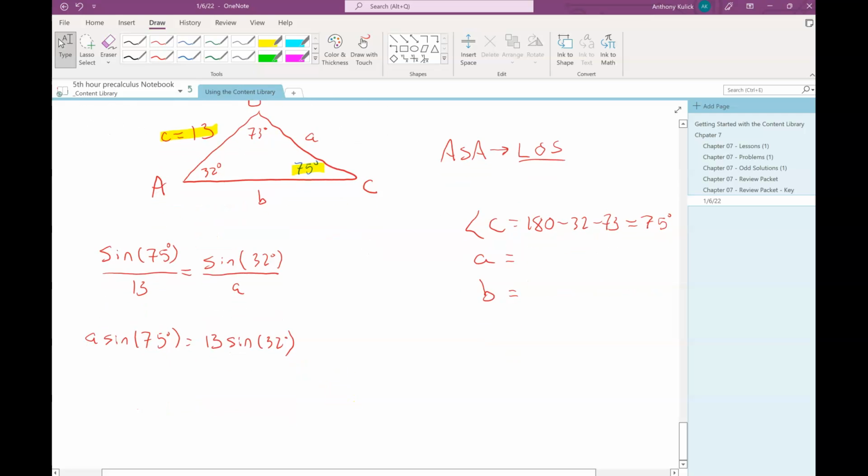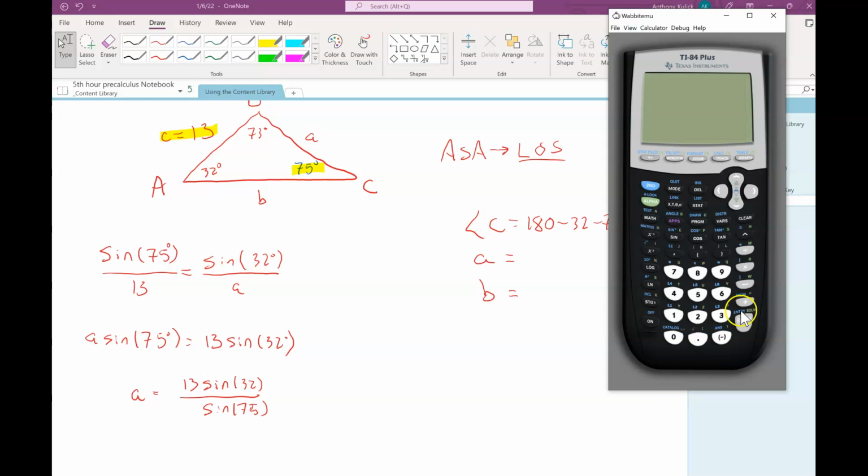Everybody's okay with that? And then we'll divide both sides by sine 75, and go to the calculator.